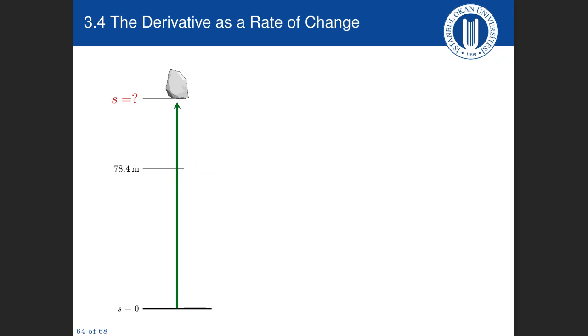We want to know what is the height of the rock here. And then the rock will start falling down again. When again it's 78.4 meters above the ground, we want to calculate its velocity. And we want to calculate when does the rock hit the ground? What is the time when the rock hits the ground?